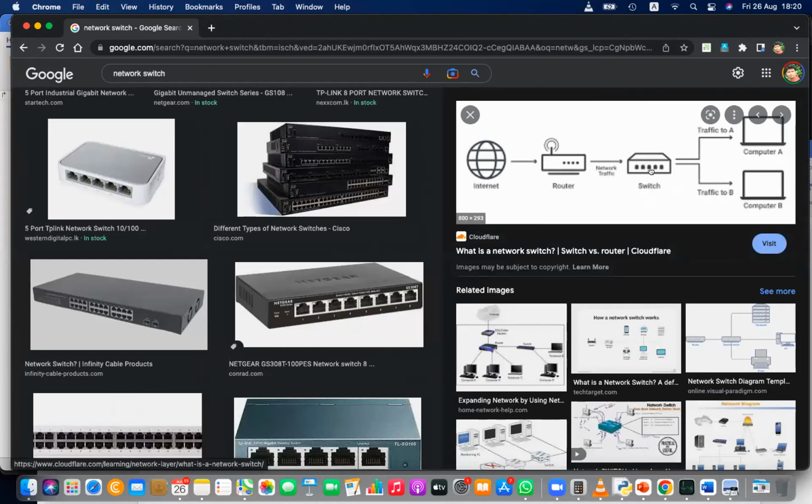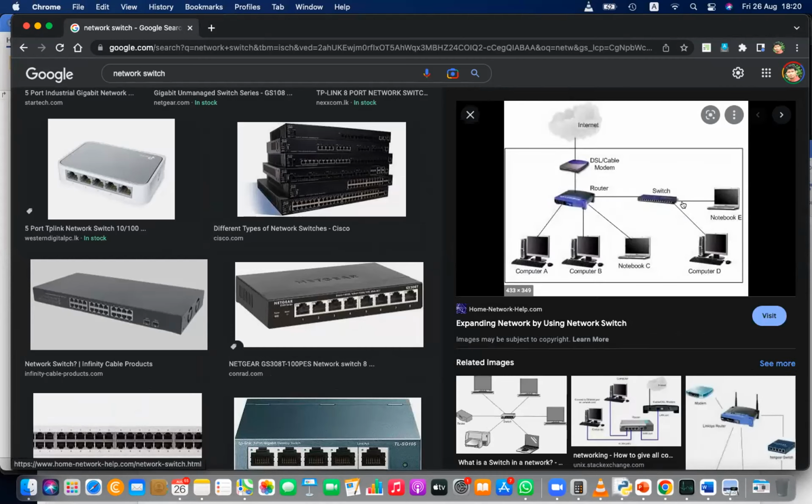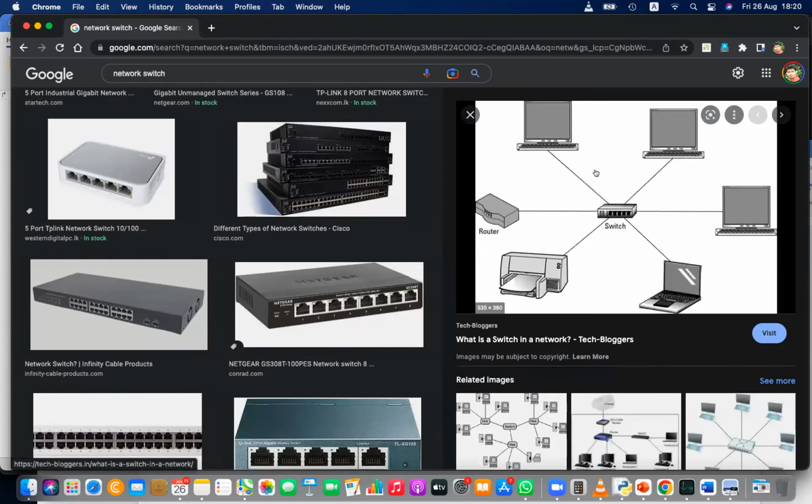Switch is connecting similar kinds of devices, computer A, computer B. Similar kinds of devices means the network within a local area.